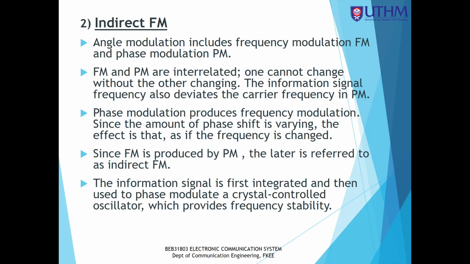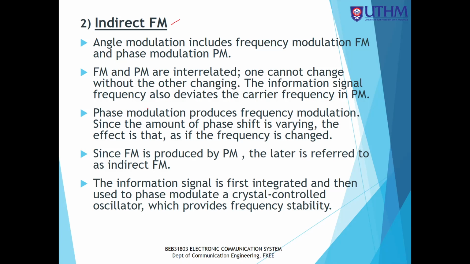Okay, so FM and PM are interrelated. As I mentioned, one cannot be changed without the other changing. So the information signal frequency also deviates the carrier frequency in PM. So if we directly change the phase of the carrier, we are indirectly changing the frequency of the carrier.